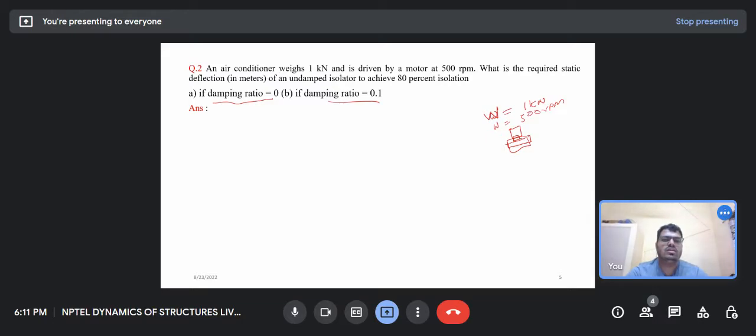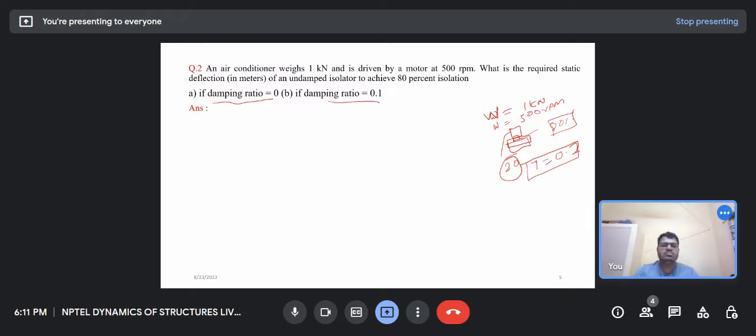So due to the isolator, the response is reduced by 80%. So how much response is transferred to the structure? Only 20%. So what is transmissibility? Only 20%, so your transmissibility would be 0.2, because 80% of the response is reduced by the isolator. So if your transmissibility is 0.2, can you find out what is the static deflection of the isolator?